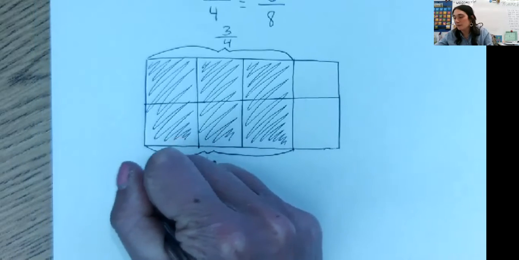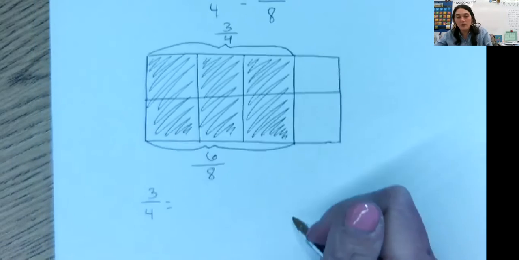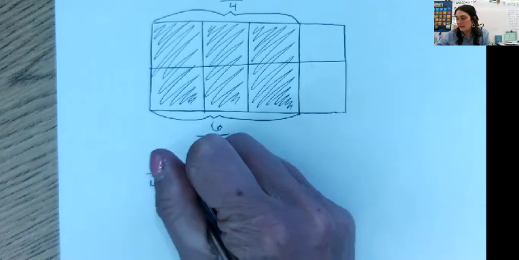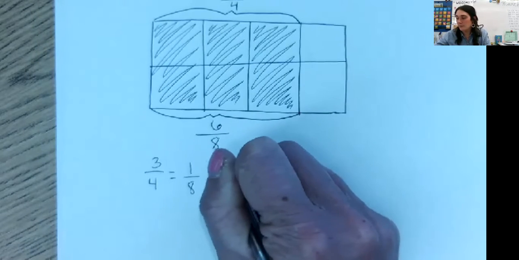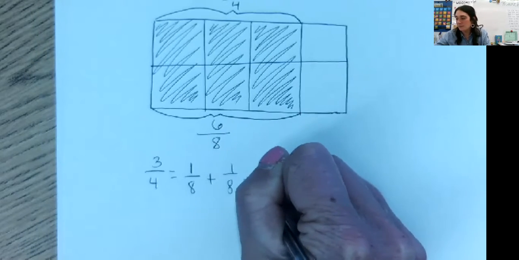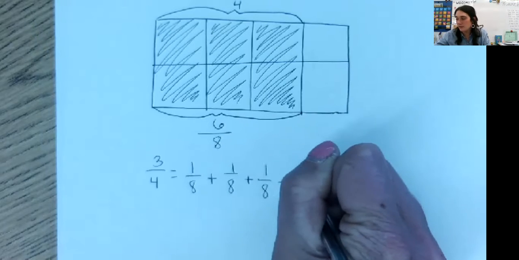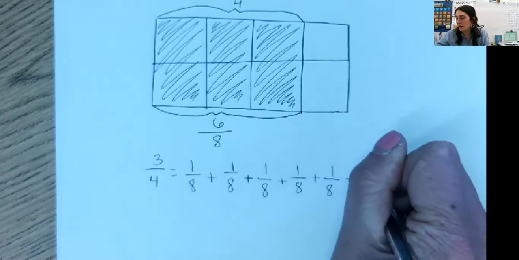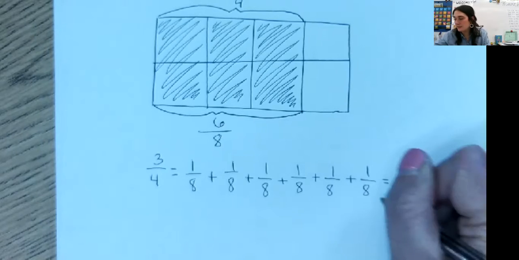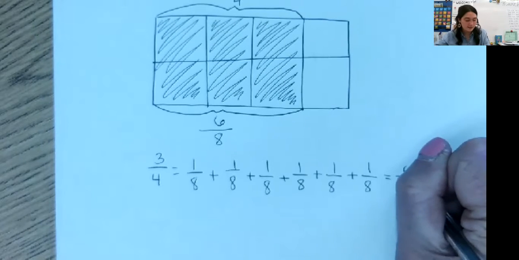3/4 equals, well, we need to add our eighths together. 1/8 plus 1/8 plus 1/8 plus 1/8 plus 1/8 plus 1/8, and that equals 6/8.